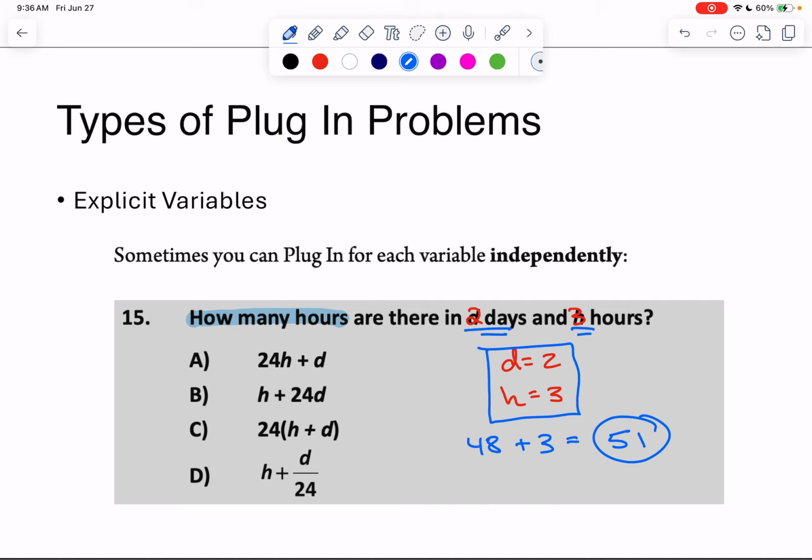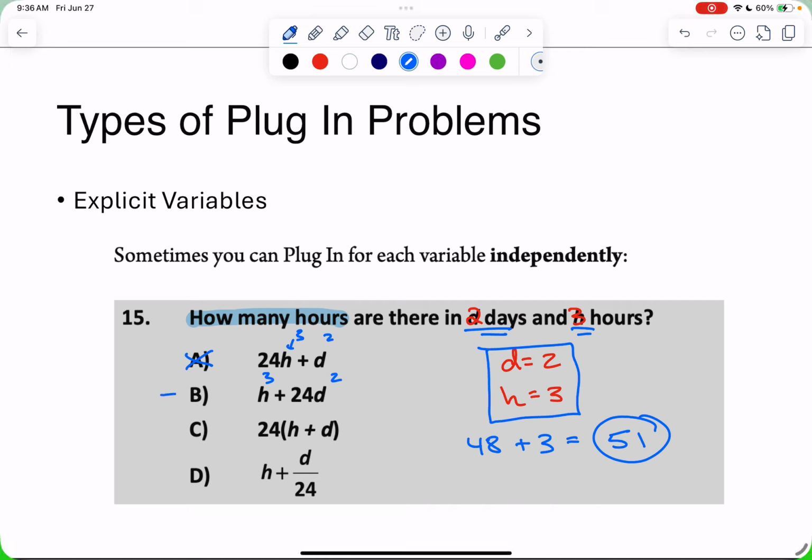24 times 3 plus 2. Ooh, that's going to be way too big if I punch that out on my calculator. So not that guy. I believe that's 74. Yes, not that guy. This guy here is 3 plus 24 times 2. Well, if I punch that out on my calculator, that's 51. There we go.